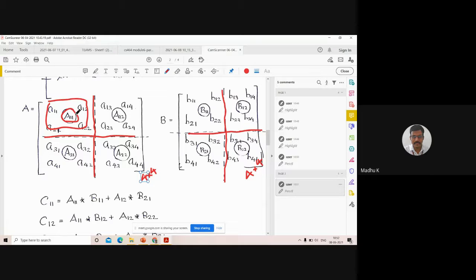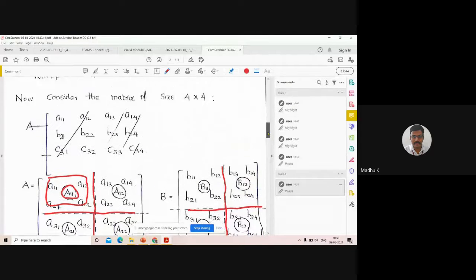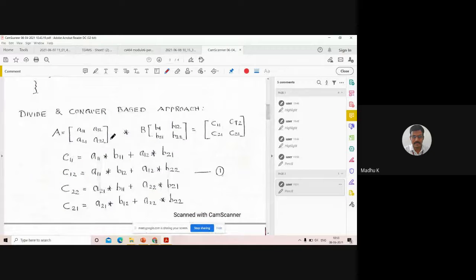For multiplying two matrices of order 2 by 2, we can use this approach.